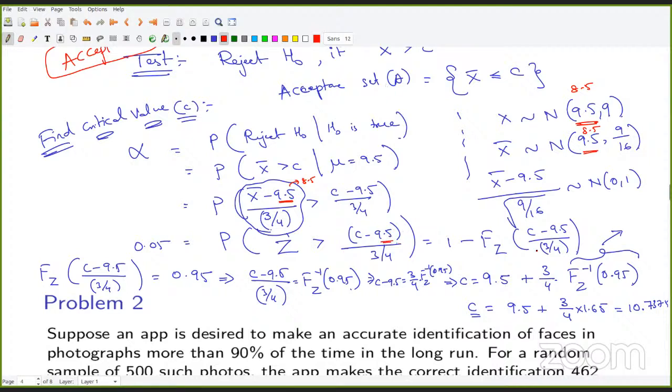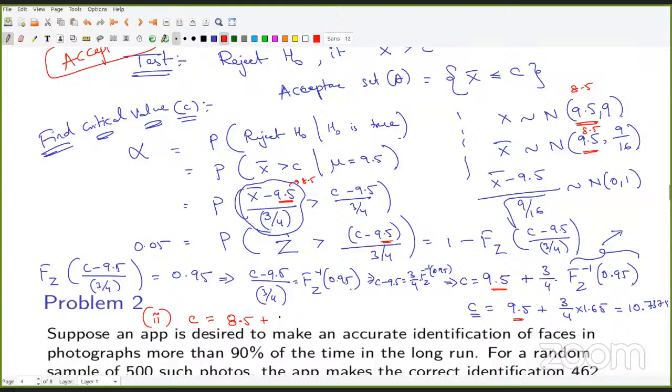Wherever 9.5 is there, it will simply be 8.5. So the new C value for step 2 will be 8.5 plus 3 by 4 times 1.65.